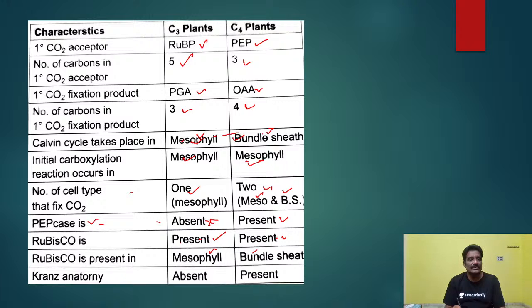And the last point: Kranz anatomy is absent in C3 plants, and in C4 plants Kranz anatomy is present. Am I correct or not?